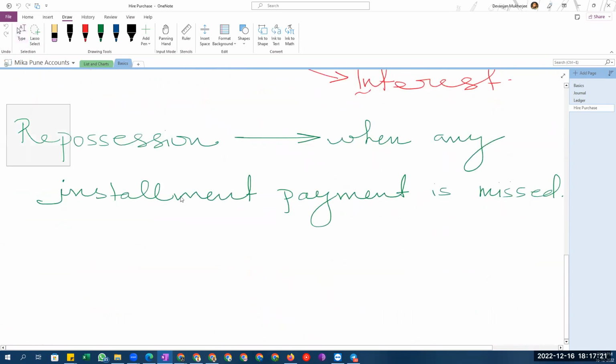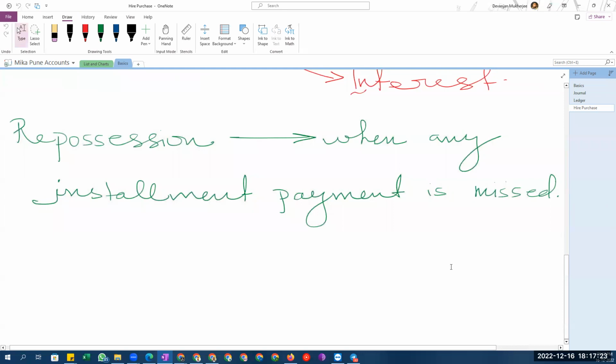And there is a concept of repossession also, meaning that if we are not paying any of the installments, then the vendor can take back the assets, or ask for the assets to be returned back. Fine. So that's pretty much the idea.